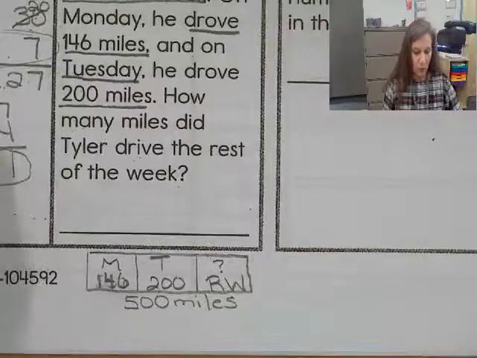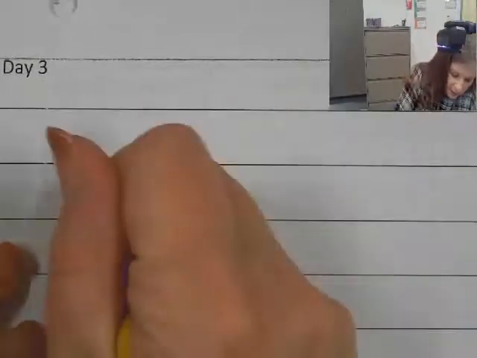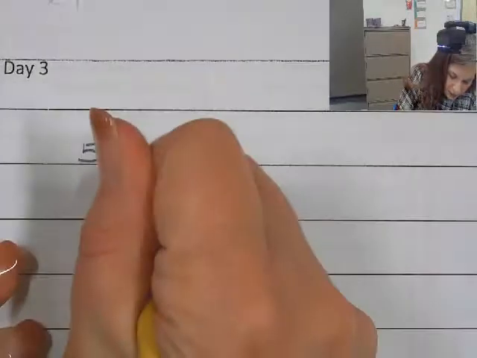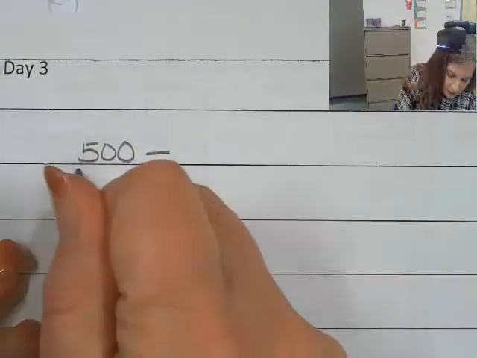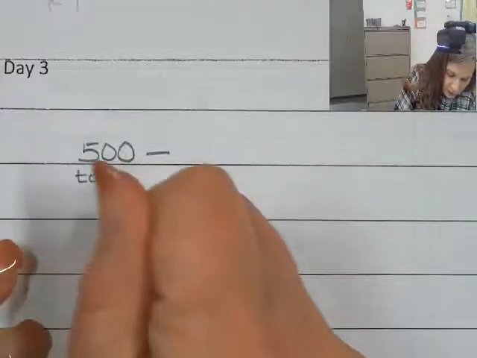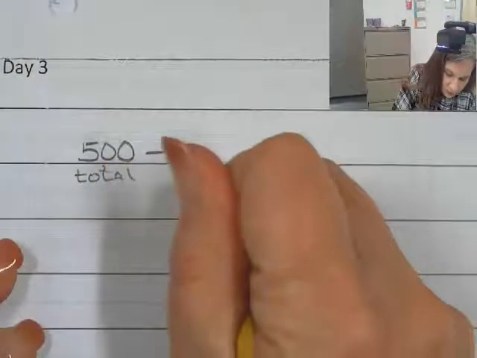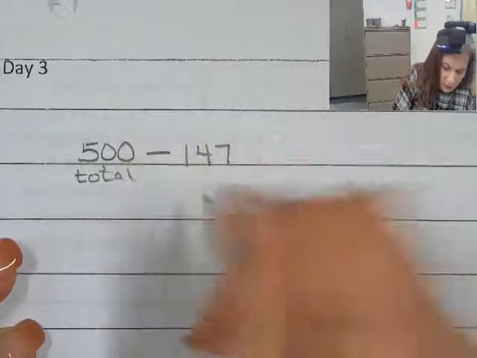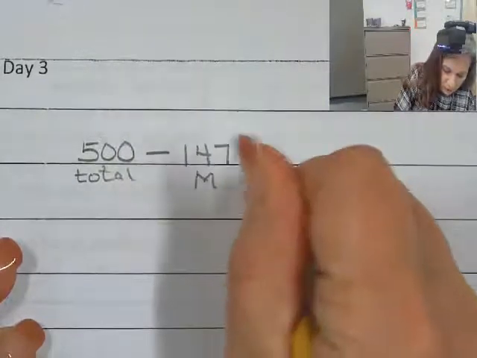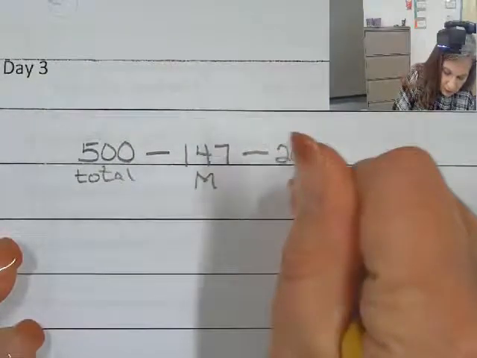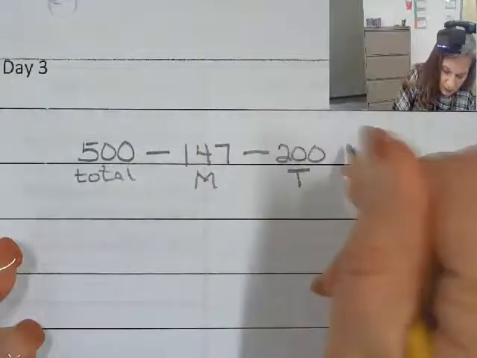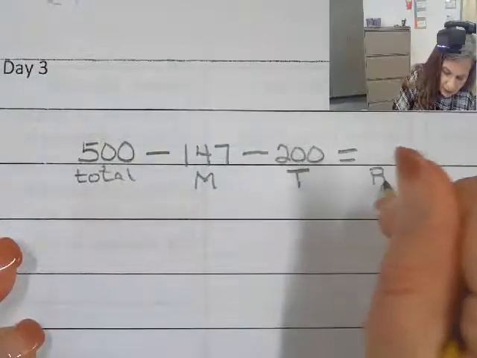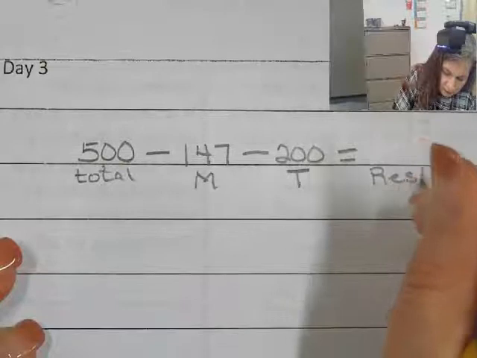But let me show you how we're going to set this up. So this is day 3. So we're going to take our 500 miles, and from that we are subtracting the 147 miles for Monday, and we're also subtracting the 200 miles from Tuesday to get what's the rest of the week.